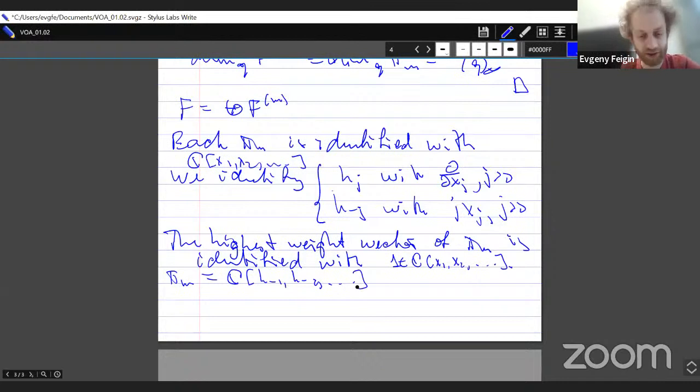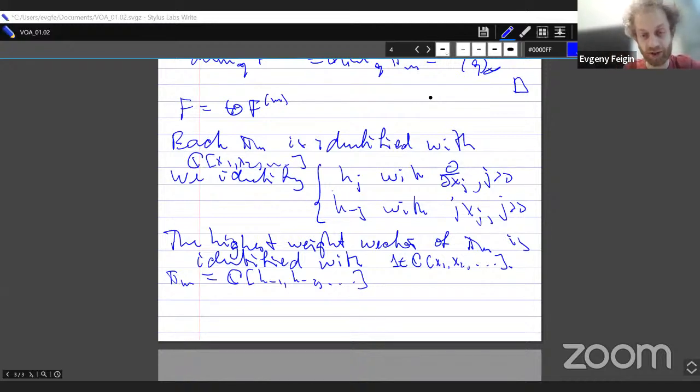So probably the question was about x_0, but x_0 corresponds to h_0, which acts as a constant operator. So we don't need it to generate the representation space.